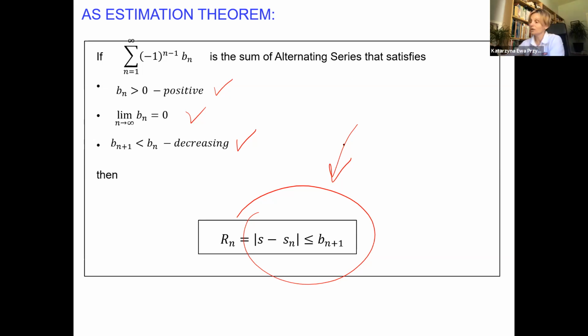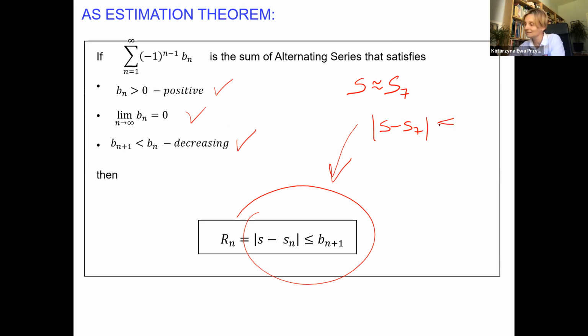For instance, if our sum is almost the same as adding 7 terms, S sub 7 is almost the same as S. But what will be the error? What will be the size of this difference?